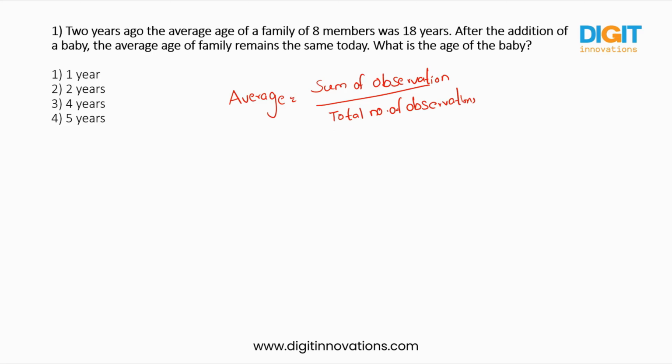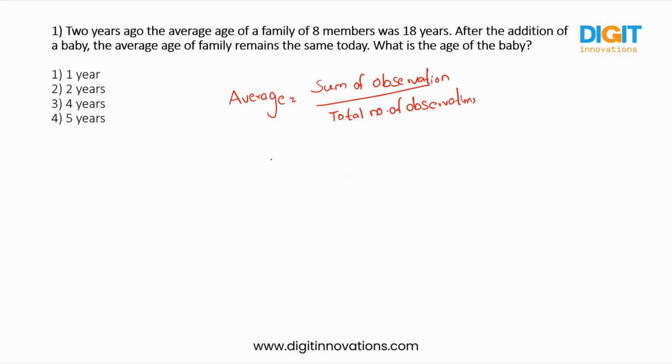So we already have the average, which is 18 years, and the total number of observations, which is 8 members. Now we are going to find the sum of those 8 members' ages.